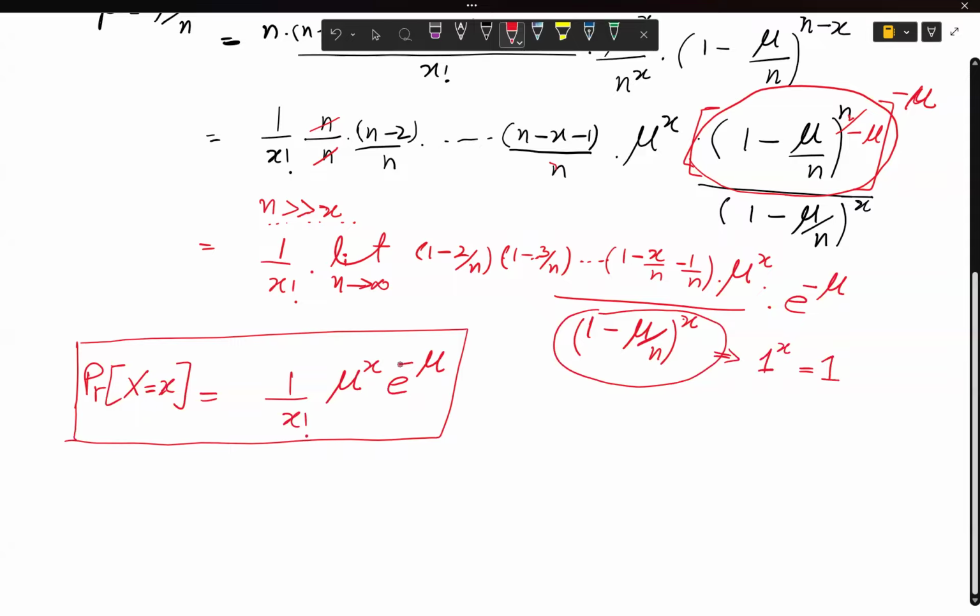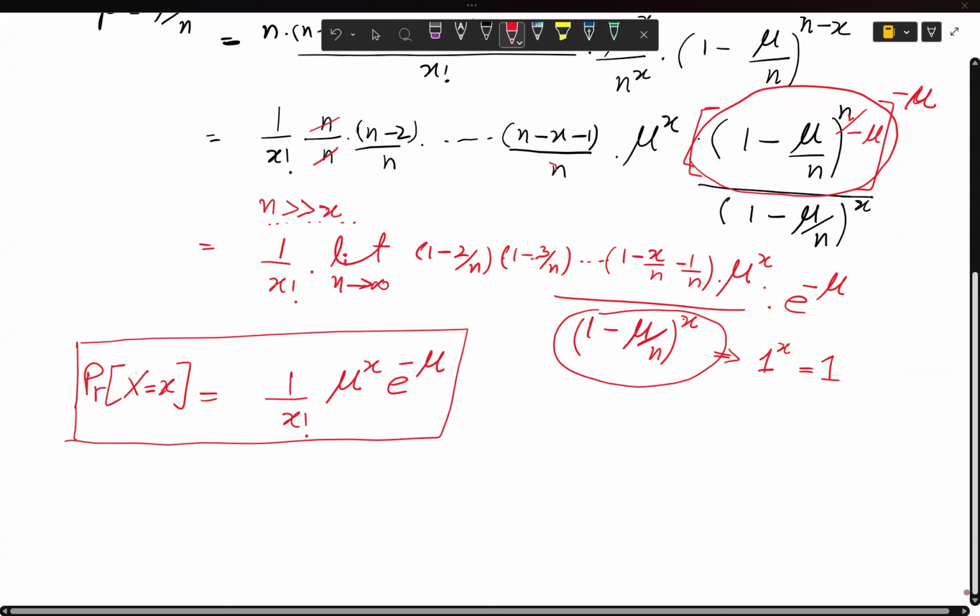It means this type of expression can be utilized in the estimation of probabilities in case a problem is binomial, n is large, and the probability of success in one trial is a small value. Then we can utilize this expression. This is a much simplified expression as compared to the binomial expression, in which the factorials and the other powers need to be calculated.